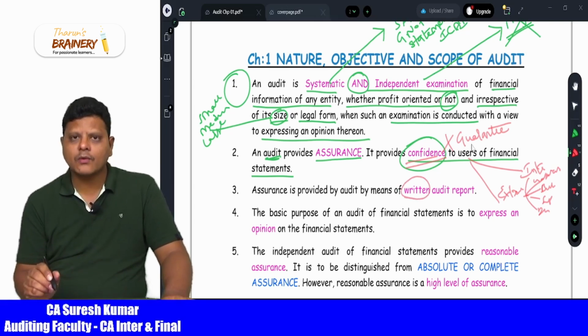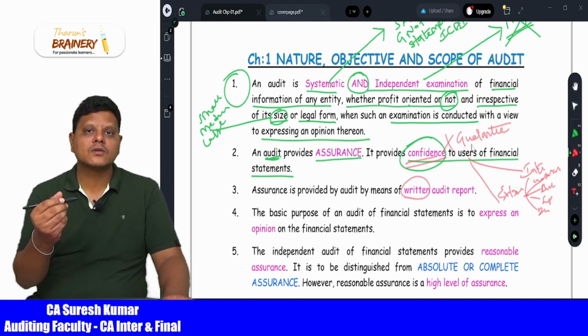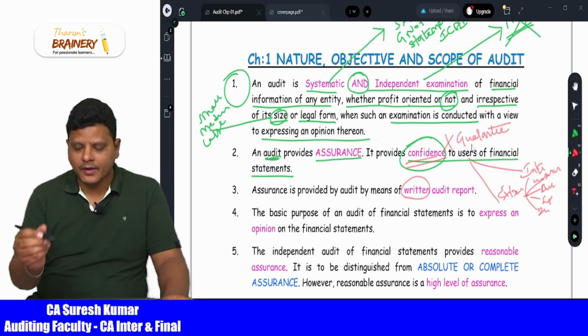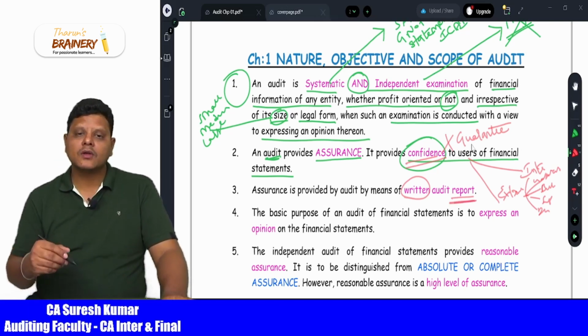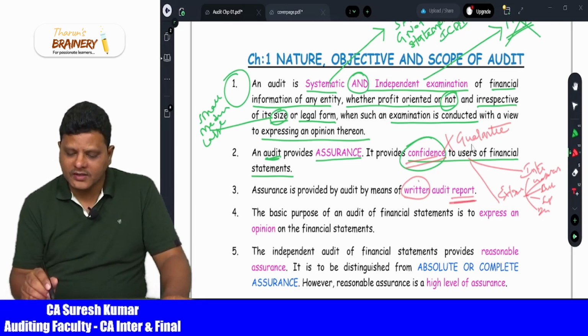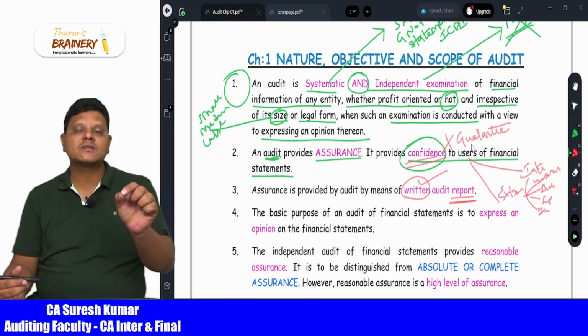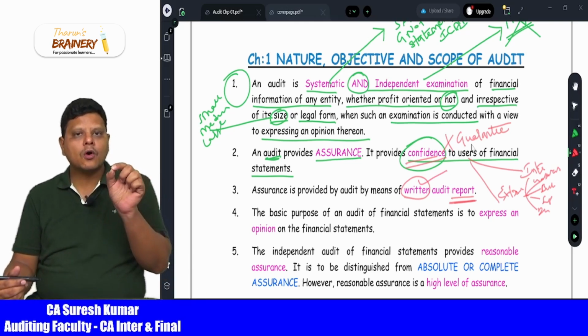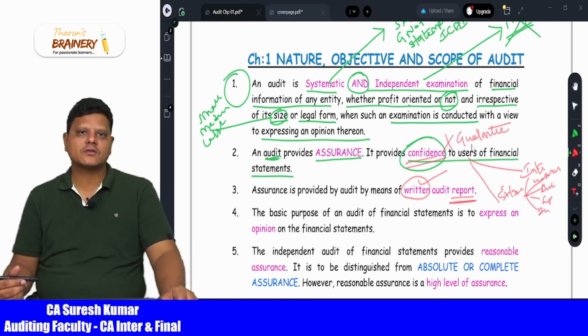So whenever I am going to express the opinion, it should be given in the form of what? The opinion should be given in the form of a report. How should the report be? The report should always be in writing. There is one standard in auditing, SA 700, Forming an Opinion on Financial Statements.